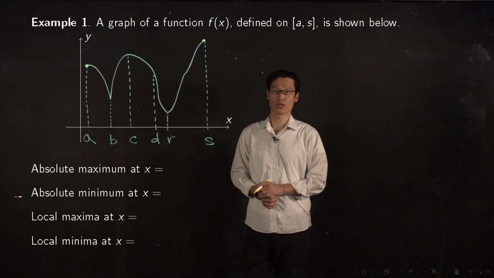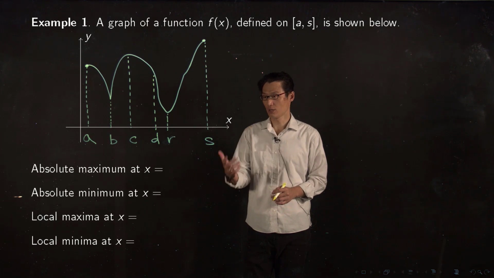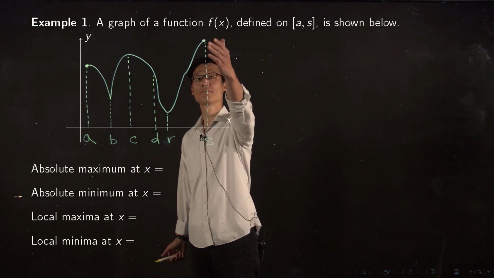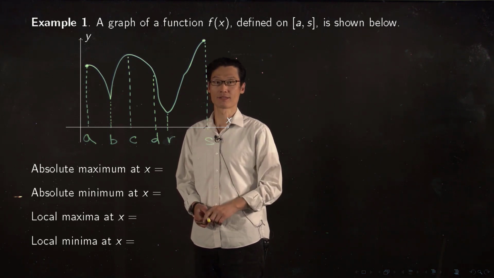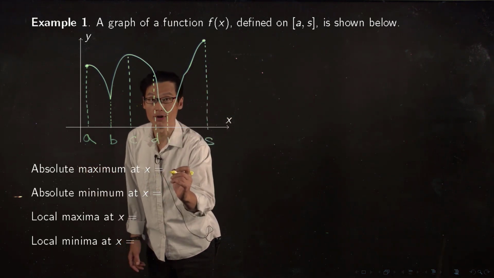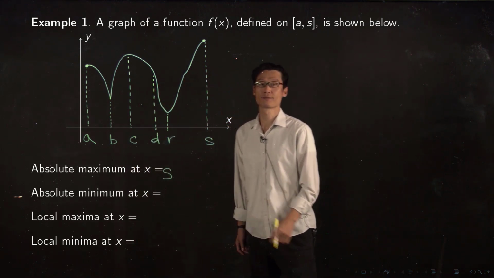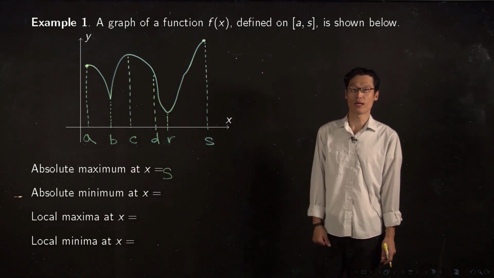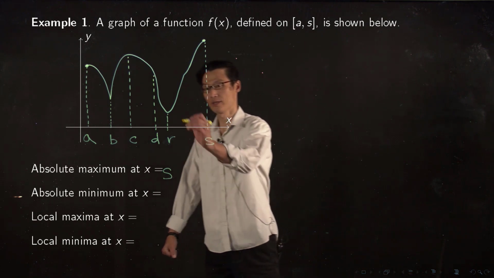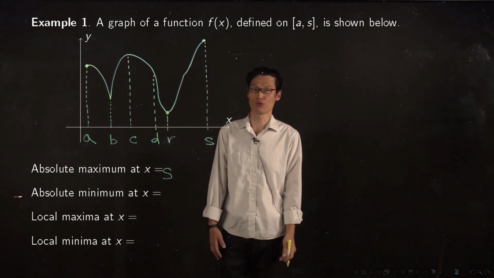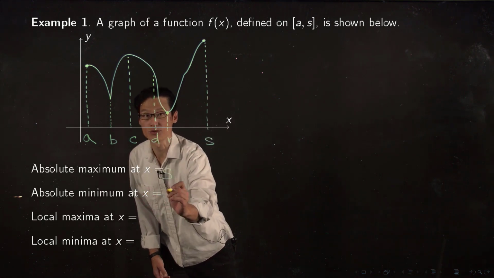Looking at this, you can tell your function has absolute maximum at x equals s. What about absolute minimum? This will give you absolute minimum, so your function has absolute minimum at x equals r.